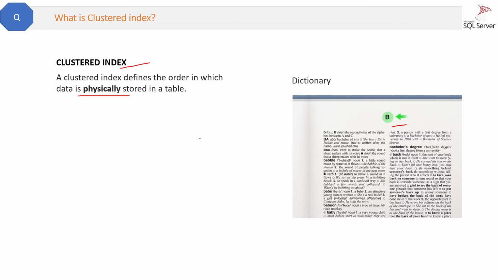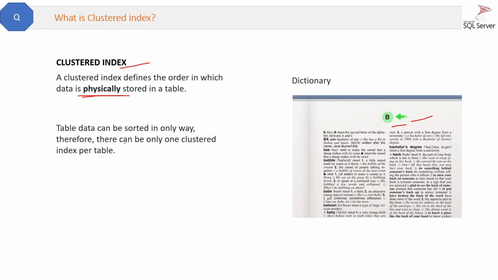Now there can be only one clustered index possible in a table. Like in a dictionary, you can have items in alphabetic order only. There is no other way. You cannot do it like 1, 2, 3, 4. So clustered indexes are physically stored, and the example is the dictionary.